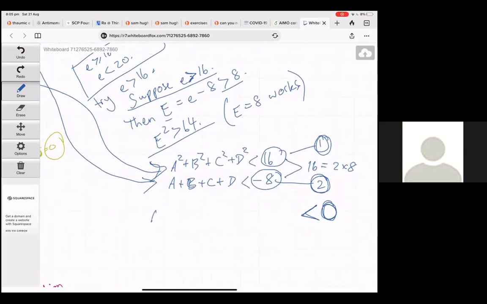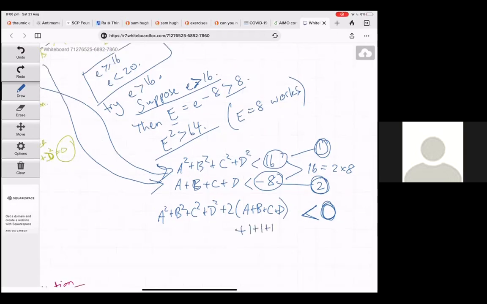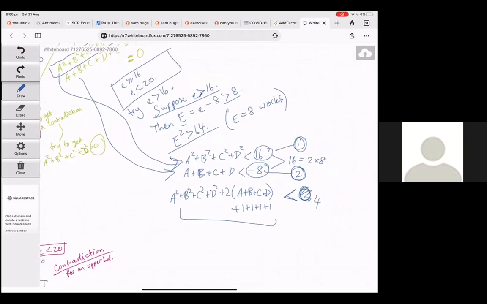So if I do a squared plus b squared plus c squared plus d squared plus 2 of a plus b plus c plus d, then to complete the square, I would have to add 1 and get a 4 here. And this would just be equal to a minus 1 squared plus. Okay, so that's not quite good enough because this doesn't give me a contradiction just yet, but I can actually bring this down even further.